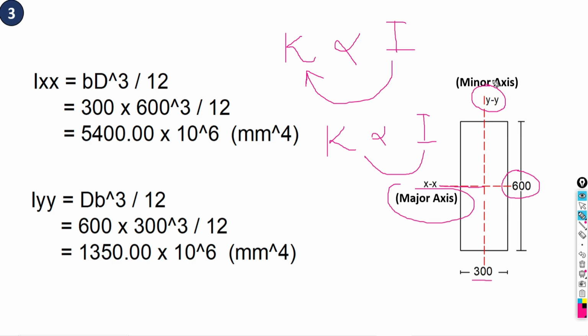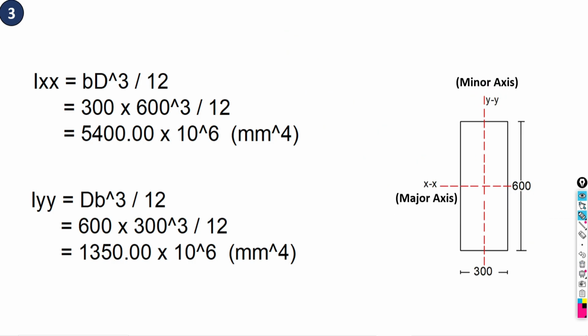And about these two axes, the axis about which we get the more moment of inertia, we are going to call the major axis, and the axis about which we get the less moment of inertia, we are going to call the minor axis. Okay, so here try to understand moment of inertia. As you all are very well aware, the formula is bd cube by 12. So Ixx, firstly I am going to consider about this x axis.